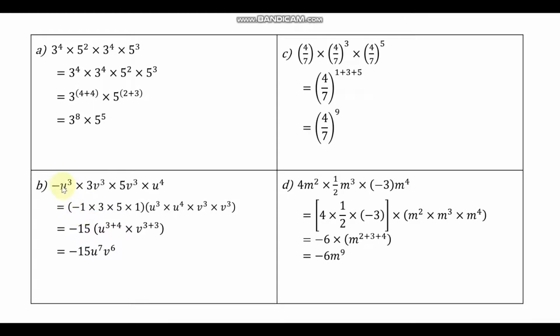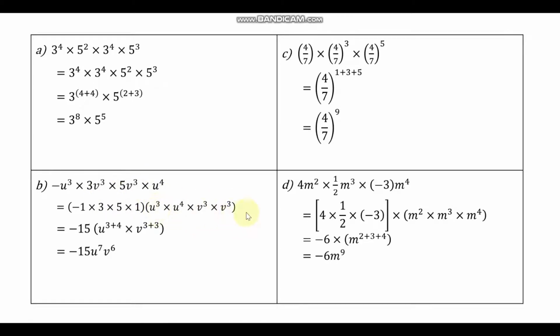The number 1 here comes from here, times 3 times 5 times 1. Close the bracket, u to the power of 3 times u to the power of 4 times v to the power of 3 times v to the power of 3.